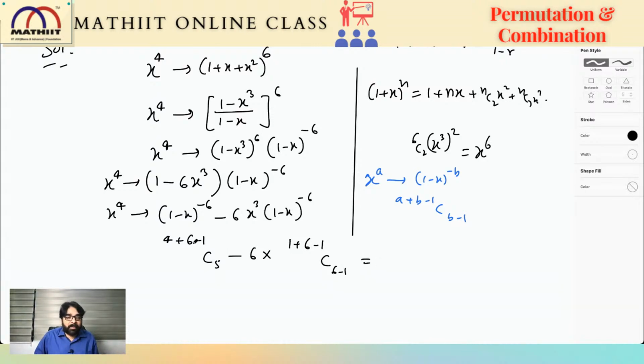So that value will become what? 4 plus 6 is 10, minus 1, 9C5, minus 6 into 6C5. Whatever the value, that can be calculated. Am I clear to everybody?